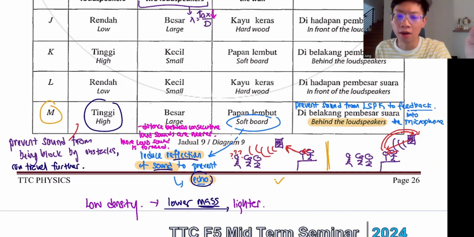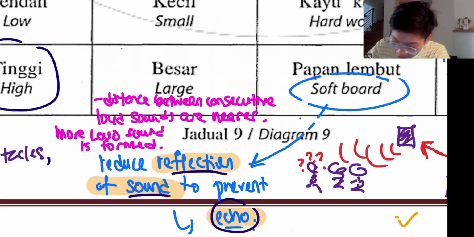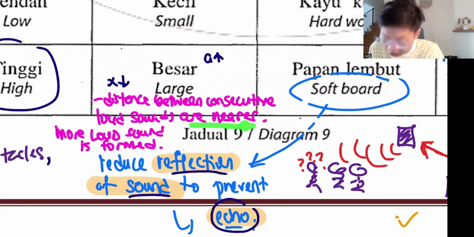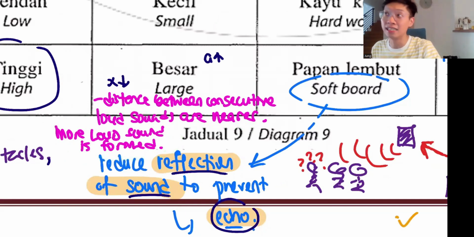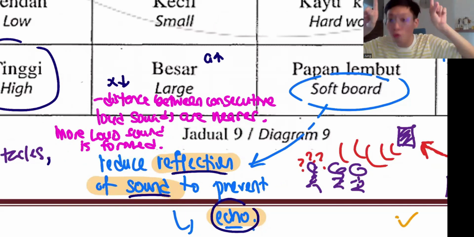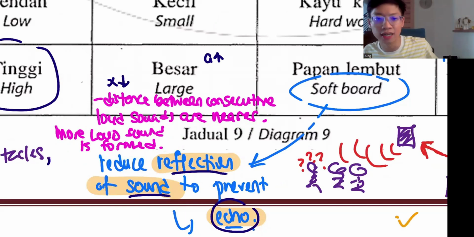So to me, the more terms you write, the better. For example, sometimes some books just say why your A must be larger. They just straight away say X decrease so that distance are nearer. Why I write more loud sounds are formed is because that is the real reason. I not only want the loud sounds to be nearer, I also want to form more loud sounds. So that is the advantage.